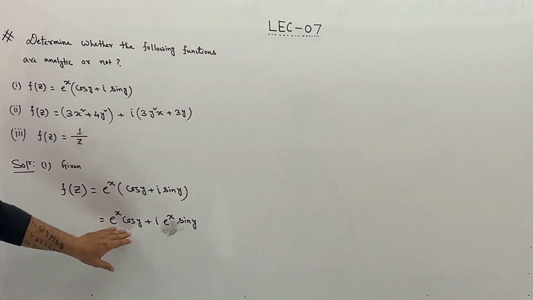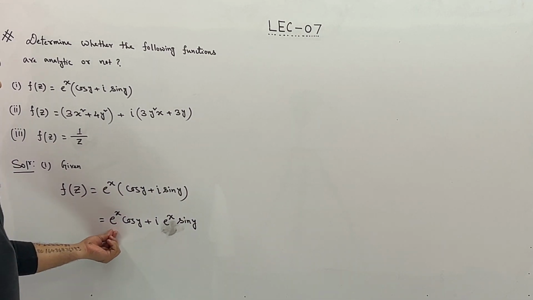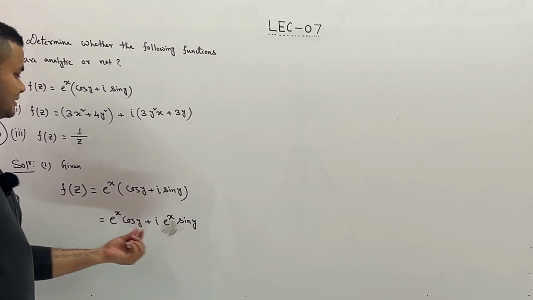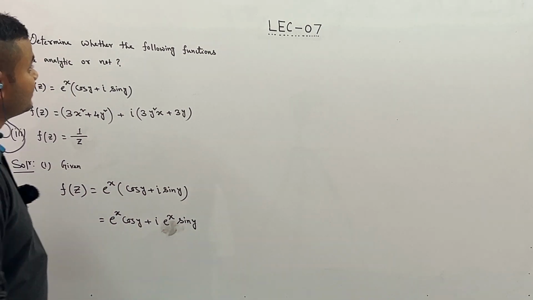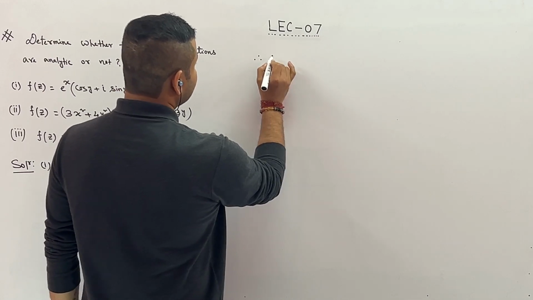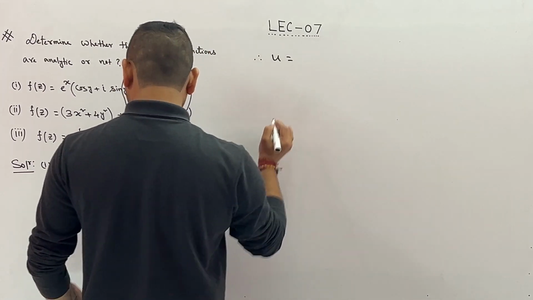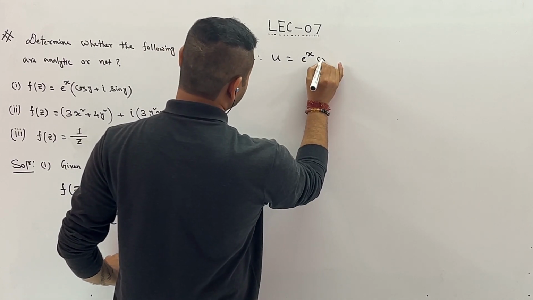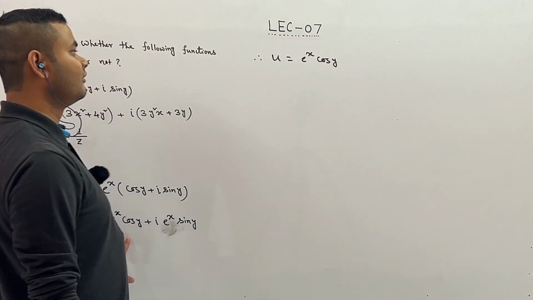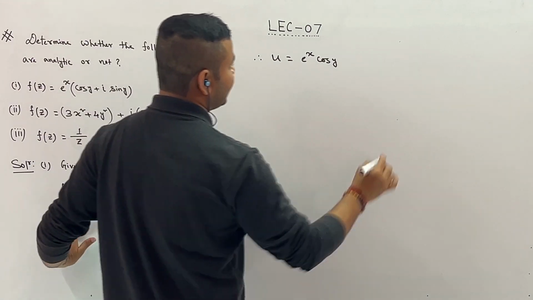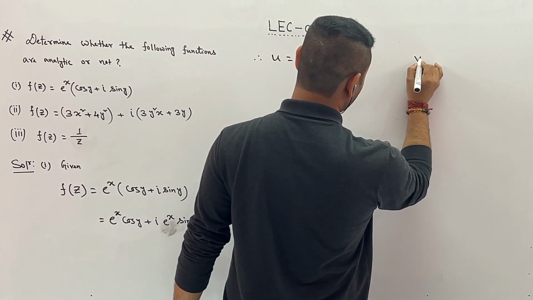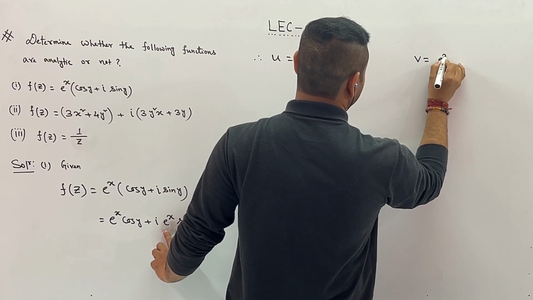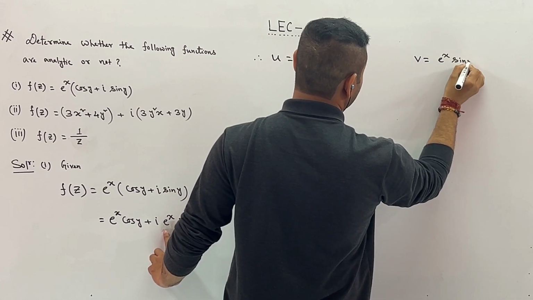So here the real part of f of z is e to the power x cos y, and the imaginary part of f of z is e to the power x sin y. So therefore u is equal to e to the power x into cos y, and v is equal to e to the power x sin y.